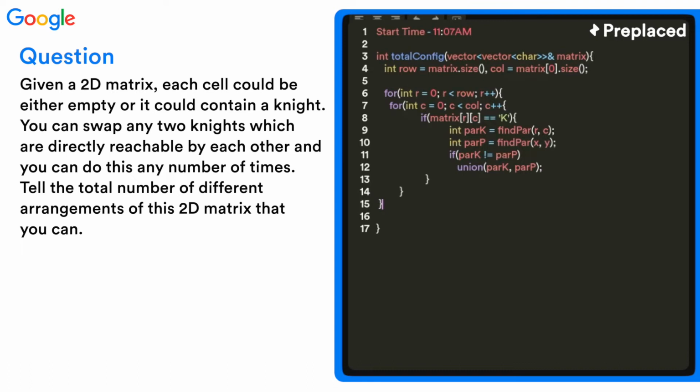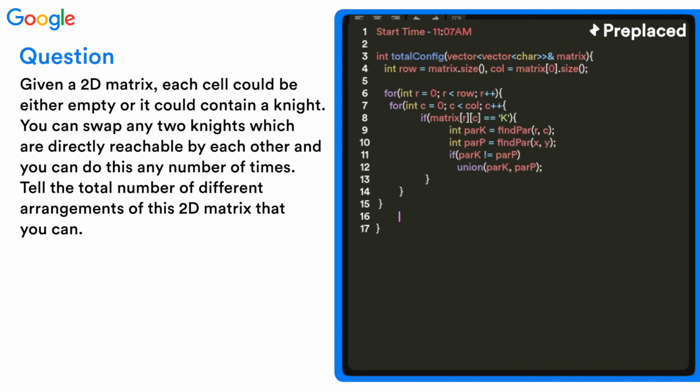And now we can just traverse through the entire array of the parents. So I can maybe have a map where for each parent I'm storing its count. So suppose I have a group 0, and 0 has 4 nodes.